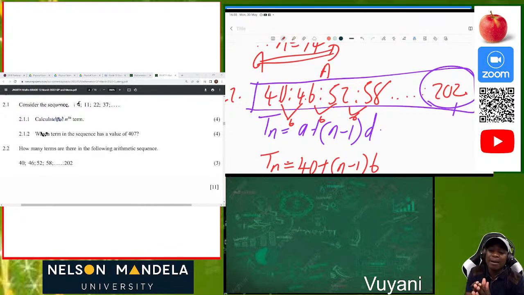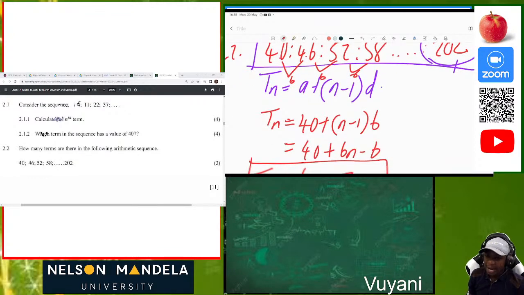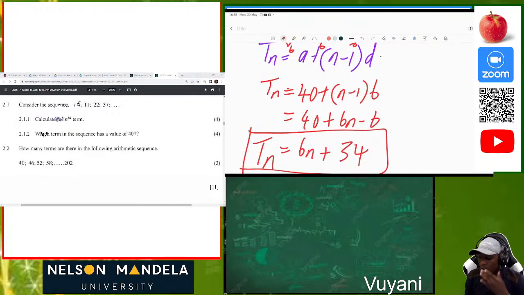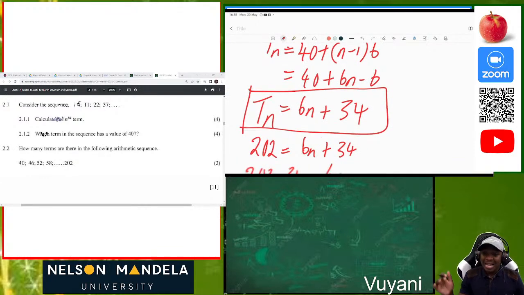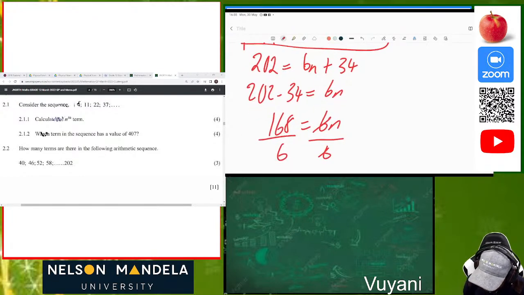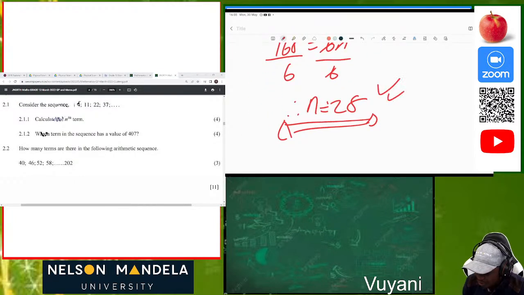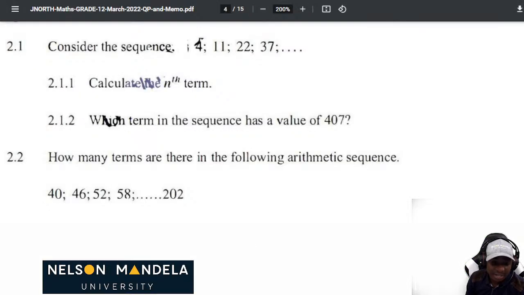There are 100 numbers. That concept is what we also used in this instance. After we found our Tn, we used the last term, which we were given to be 202, so that we can get the value of n. Our n was equal to 28. Then you get your 3 marks. You see that it's soft life. You enjoy life. You get that mark, you are done.